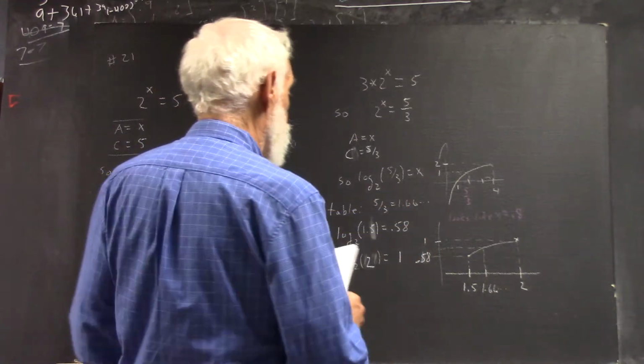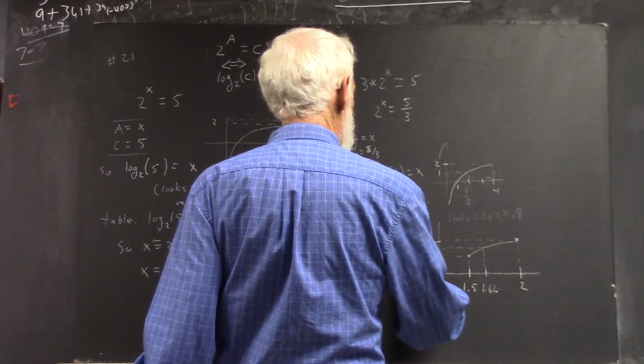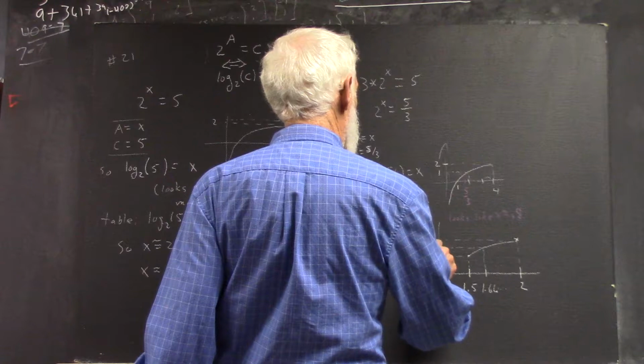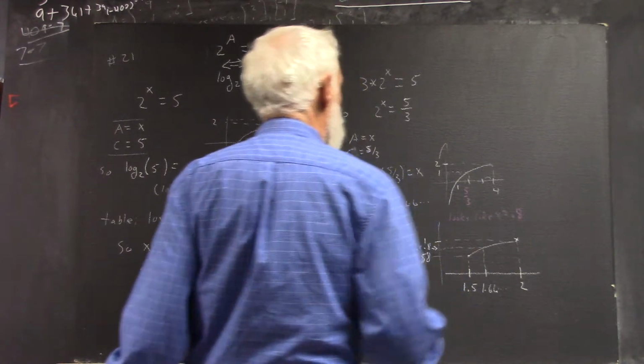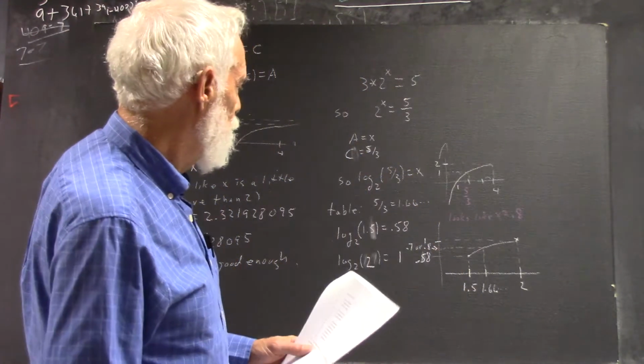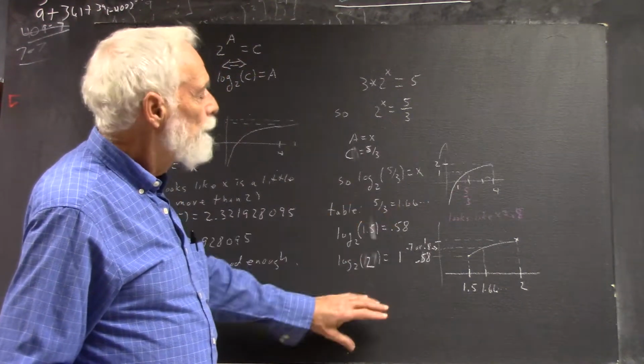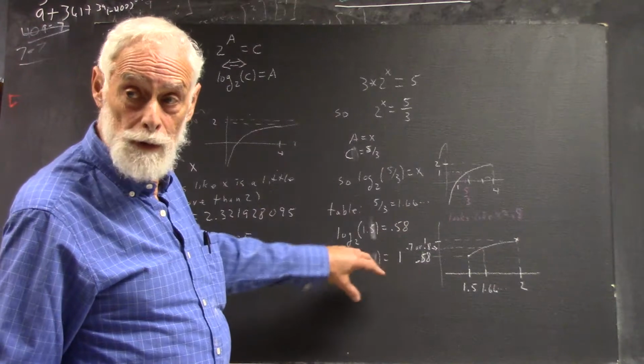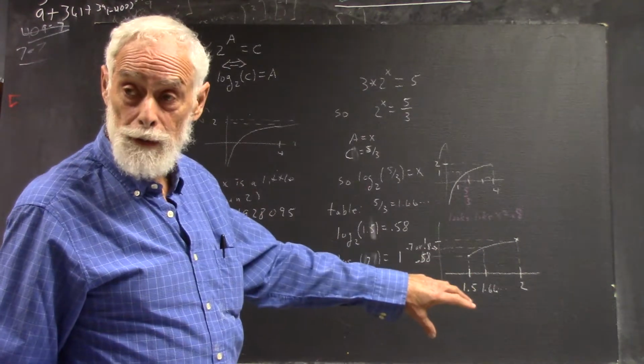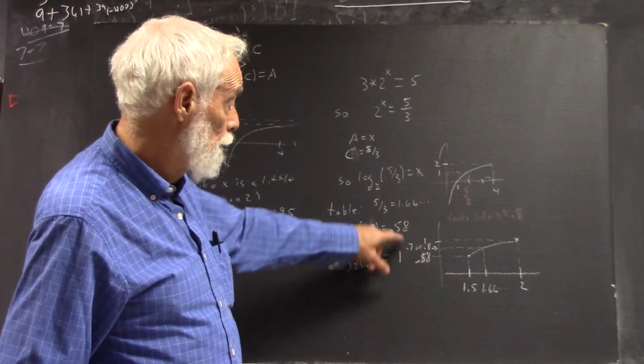So I would estimate this as 0.7 or 0.8. Now, if you just show me that you're looking at 1.5 and 2 and say, okay, reason out, put a little sentence down there, we're a little closer to 1.5 than they are to 2, so we figure it's going to be a little closer to 0.58 than 1.